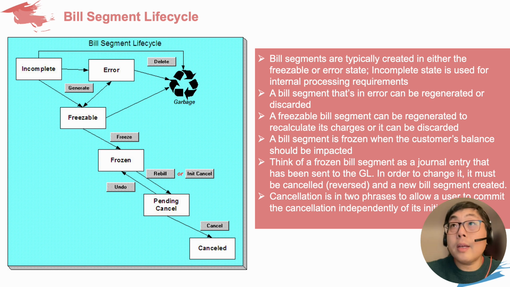Okay, so canceling a bill segment actually generates a separate opposite financial transaction, and that cancels out the initial bill segment financial transaction. So you have two entries, and they will cancel each other out.